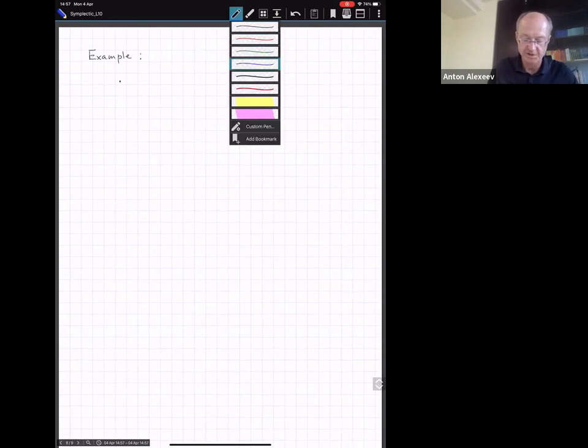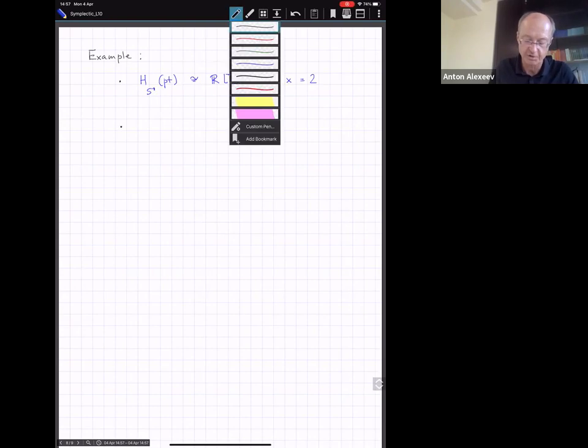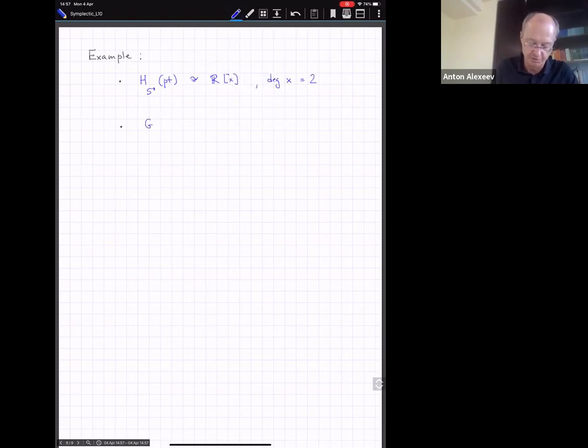So we already decided that H_{S^1} of a point is a polynomial algebra in one variable, right? And the degree of that variable is equal to 2. So I now want to look at a non-abelian example. Let me put G equal to SU2.